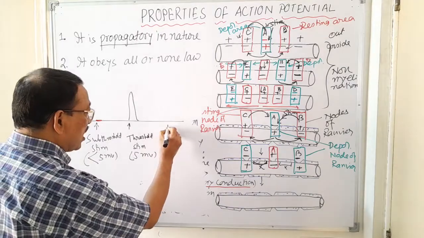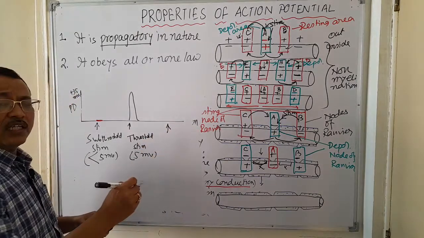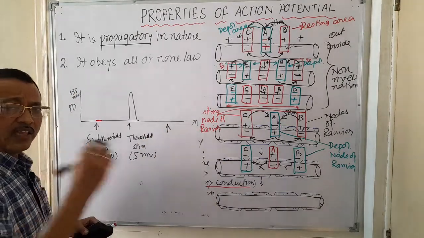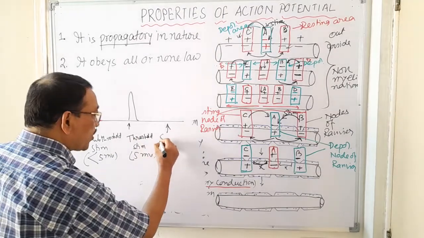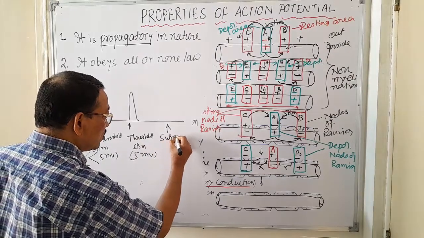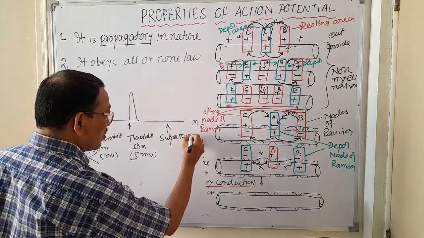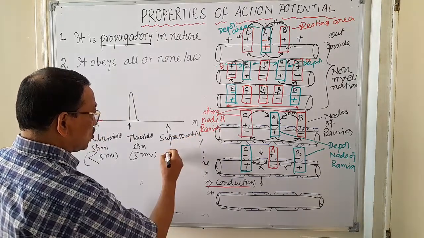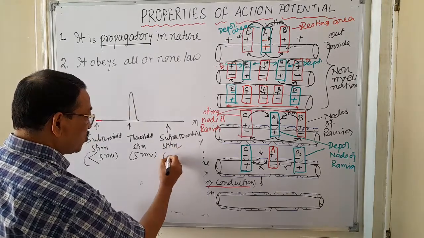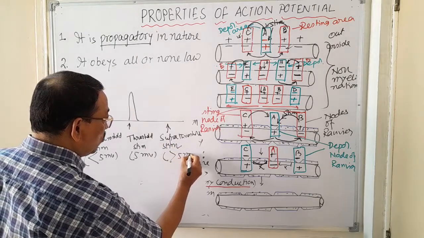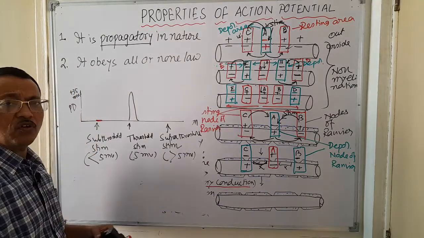Now suppose I apply a stimulus strength greater than 5 millivolt, which is supra-threshold. Suppose more than 5 millivolt, for example, 10 millivolt.